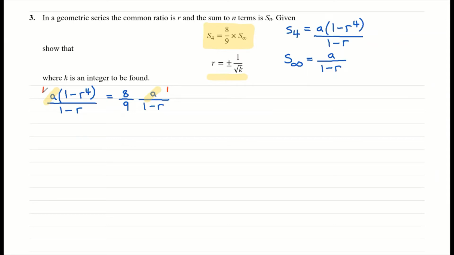Now we can multiply both sides by 1 subtract R. If I do that, that will clear it because it's in the denominator on both sides. Now, when we do that step, we're just going to be left with 1 subtract R to the power 4 is equal to 8/9.